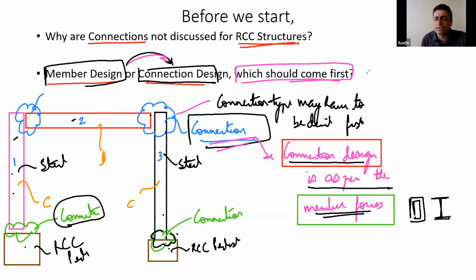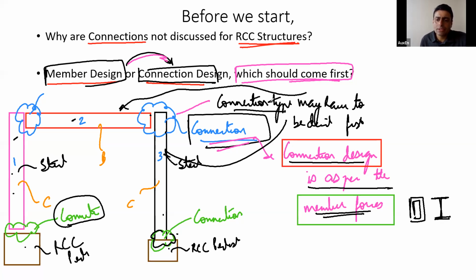In some cases you have to first understand and decide what type of connection you will have to provide, and depending on your connection type you may have to choose the member, or rework your member design. It happens rarely, but it may happen.